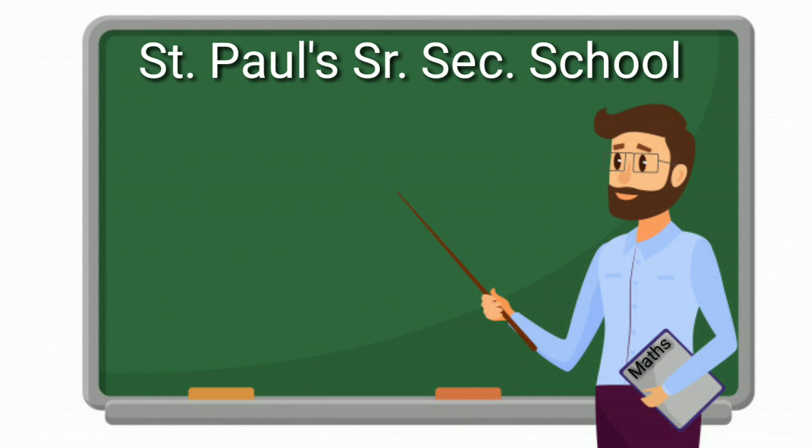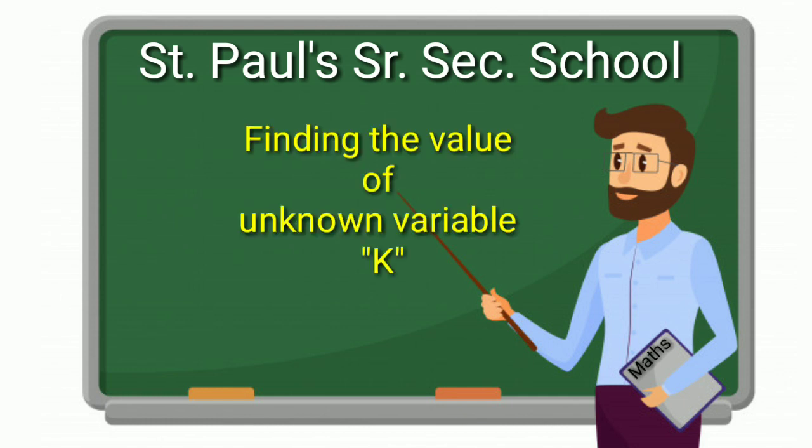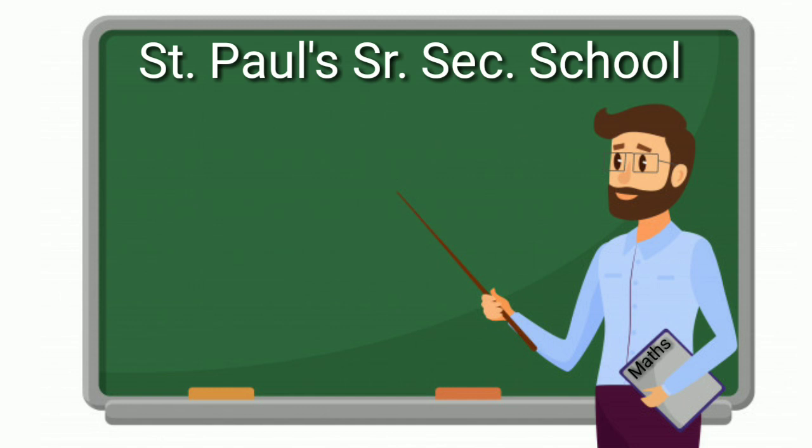Students, today I am going to teach you finding the value of an unknown variable k. There are three conditions. First is if roots are real and equal.